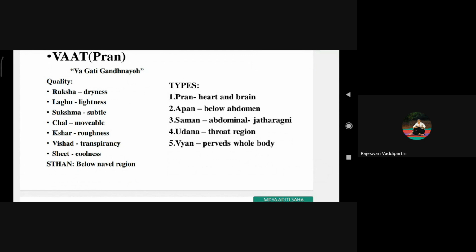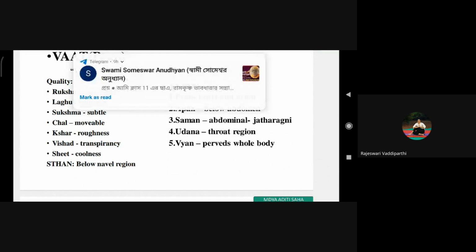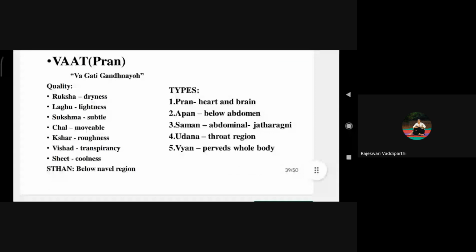If you want to increase fire or continue to keep anything burning, a candle or a lamp, you need proper air, right? You need oxygen. So Samana Vayu is the vayu that helps to increase the Jatharagni. Next is Udana Vayu that resides in the throat region, and Vyana that pervades the whole body.